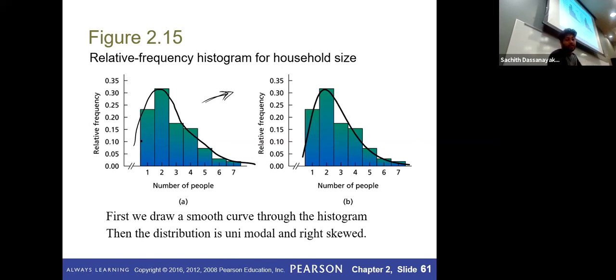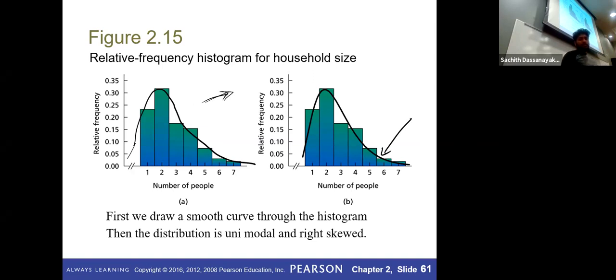So this one is unimodal because it has one peak. It's not symmetric, you can see its peak shifts to one side. So what is this? Right skew. Why right? Because the side of the tail in this picture is the right-hand side. So we call it right skew.